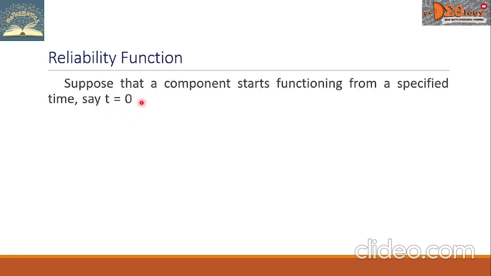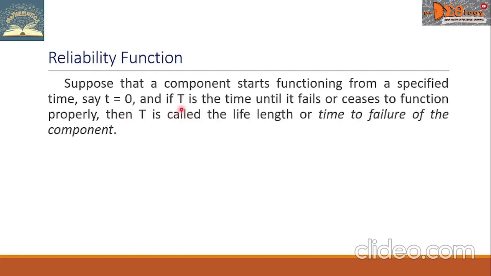Let us study reliability function. Suppose that a component starts functioning from a specified time, say t equals 0. And if capital T is the time until it fails or ceases to function properly, then capital T is called the life length or time to failure of the component.